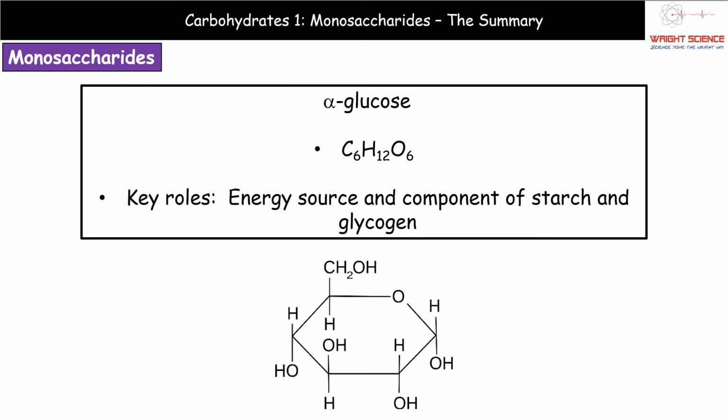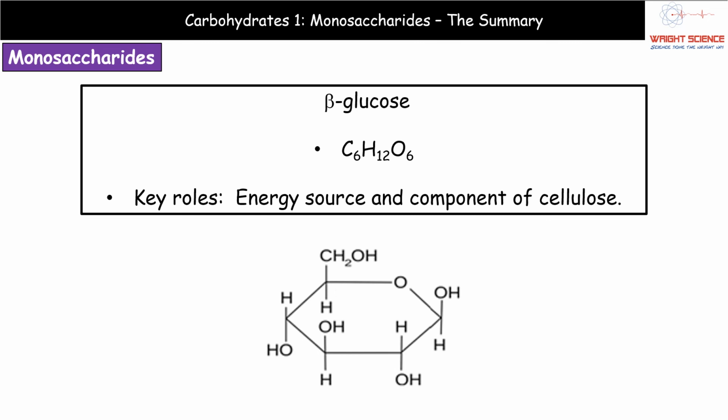If we look at alpha glucose in a touch more detail, it's glucose, therefore its formula is C6H12O6. And the key role for alpha glucose is it's an energy source, first of all, but it's also going to be a significant component when we come to look at the structures of starch and glycogen. So there's its formula again, just as a reminder.